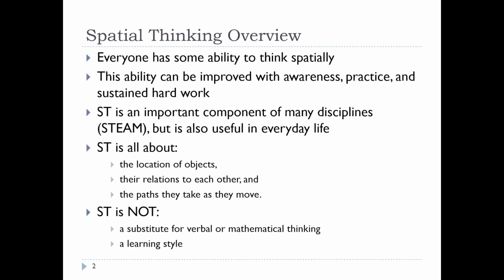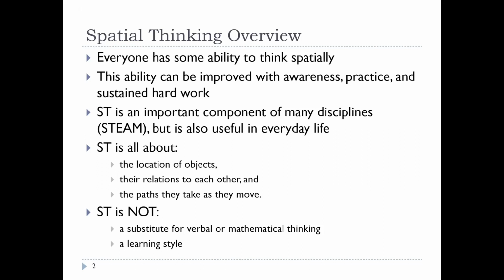So what's spatial thinking all about? Well, it's about space. It's about the location of objects initially, and then most importantly, their relationship to each other and the paths that they take as they move, which brings us to put all that together to get our spatial reasoning and our inferences from all this spatial thinking that we're doing.